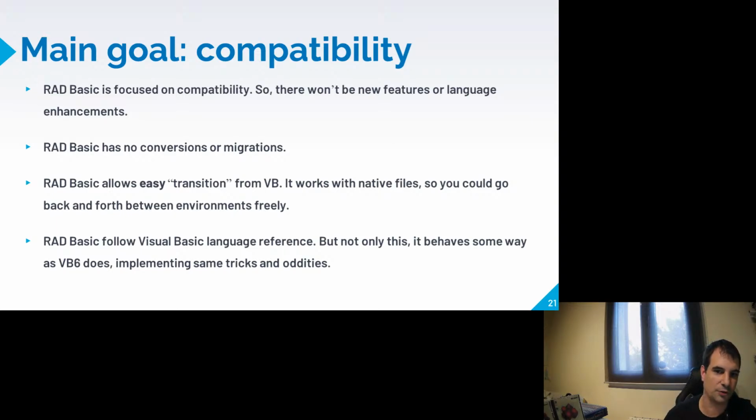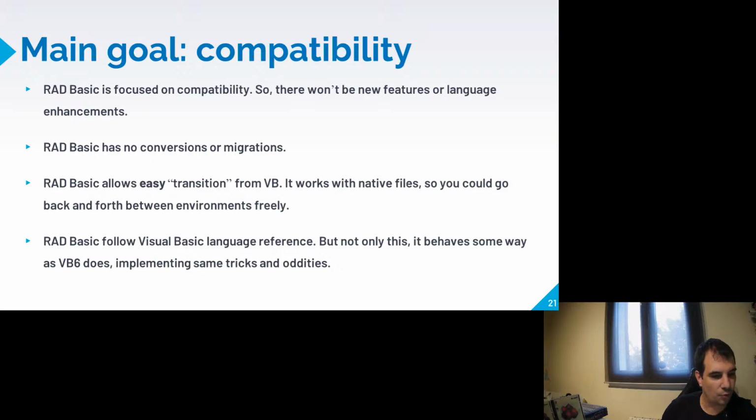Further versions will introduce new features and language enhancements such as multi-threading, cross-platform, maybe try-catch exceptions. There are a lot of advances in Visual Basic.NET that are interesting and could be introduced in Visual Basic 6 or RAD Basic without losing backward compatibility. Another time, compatibility.